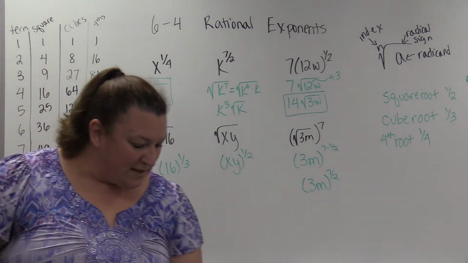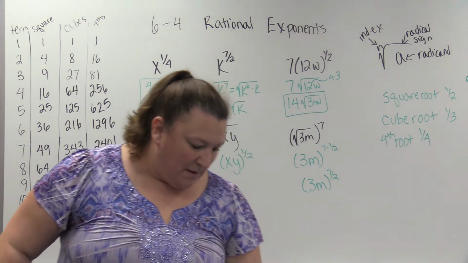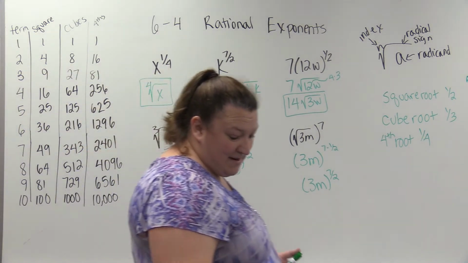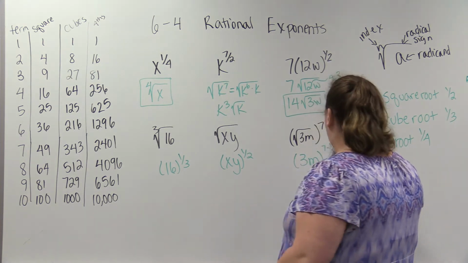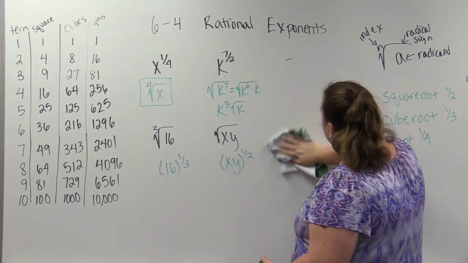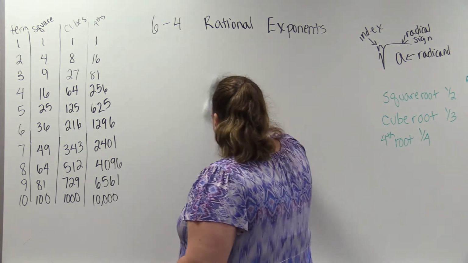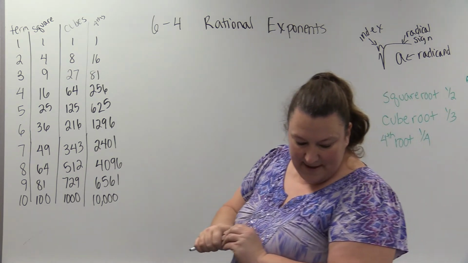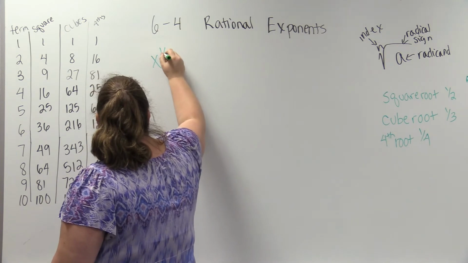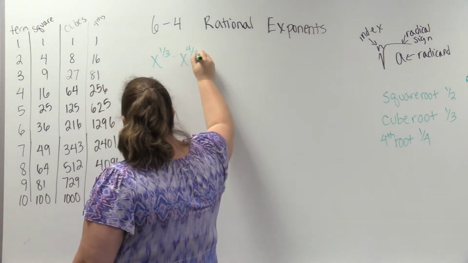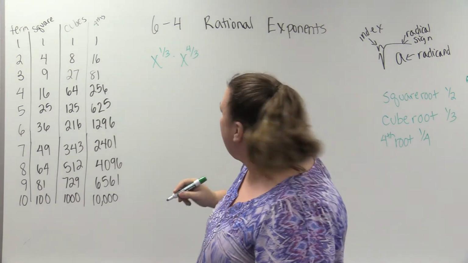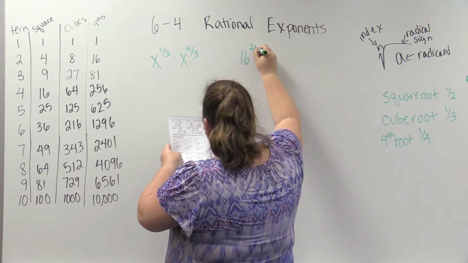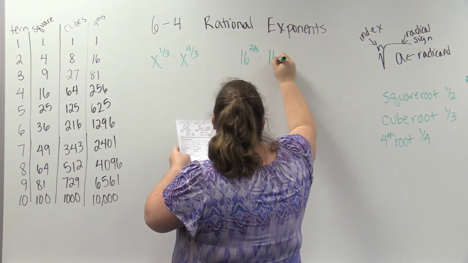Now, we're going to talk about simplifying and multiplying some things together and then using these exponents. So I'm going to erase and then I'm going to do several more examples before I leave you to practice. So I have x to the 1/3 times x to the 4/3. And I have 16 to the 2/3 times 16 to the negative 1/3.